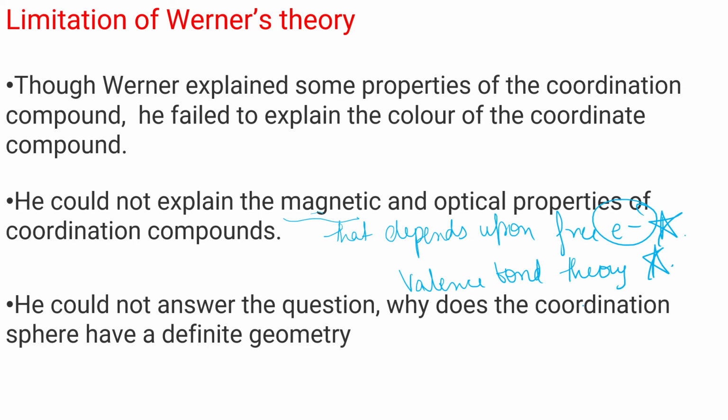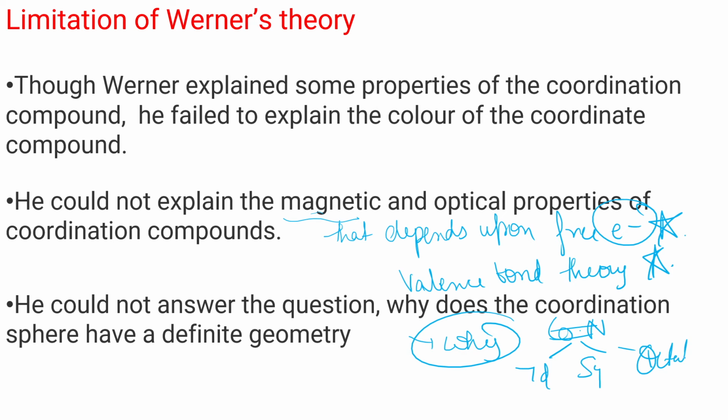He could not answer the question: why does the coordination sphere have a definite geometry? Why are coordination complexes forming only tetrahedral, square planar, or octahedral geometries? He could not explain these points, and these are considered the limitations of the Werner theory. So we'll discuss all this in the next video, most probably.